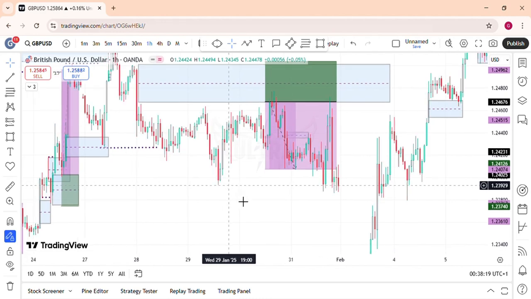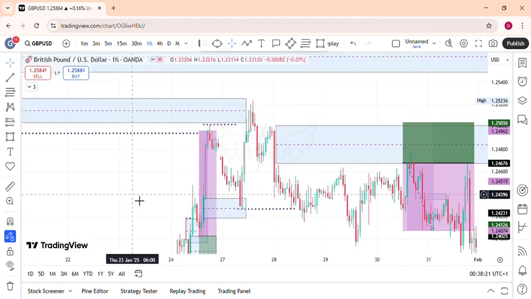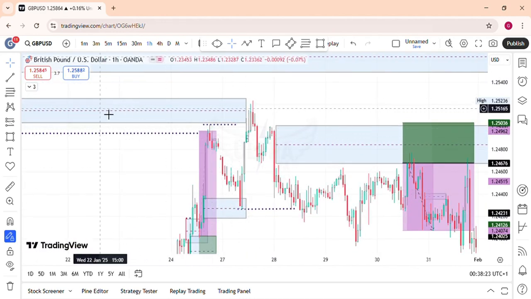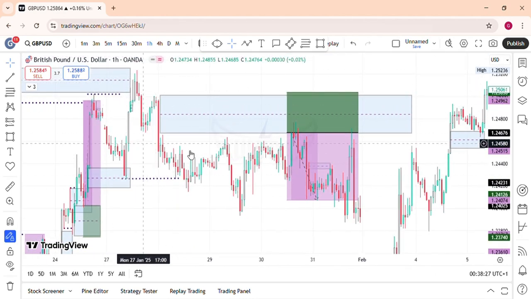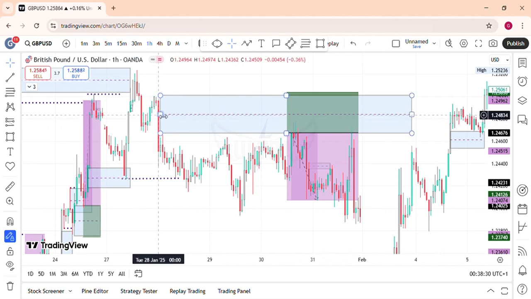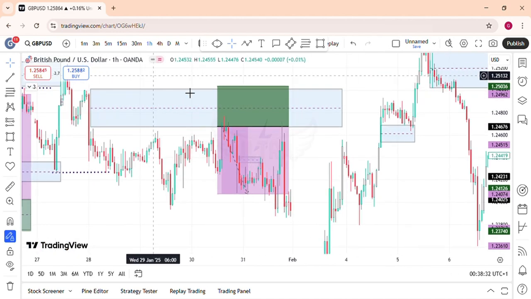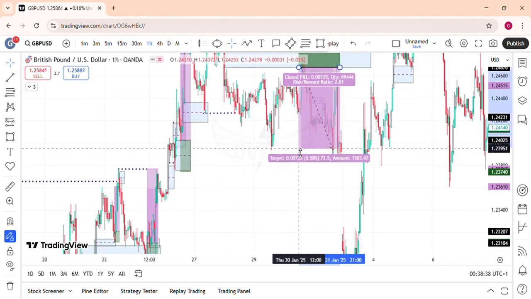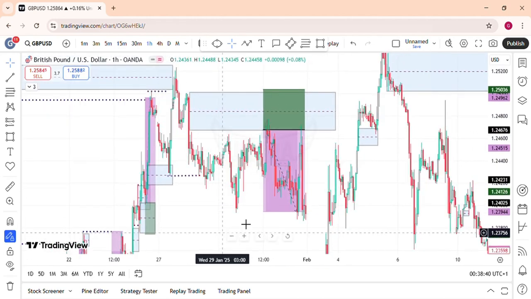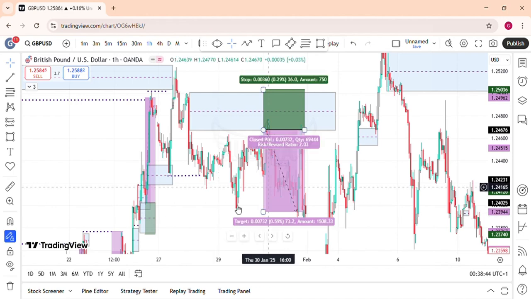You know that prior to this, market had tapped into a previous fair value gap, now creating a break of market structure and also a fair value gap. So we are entering with this fair value gap, and you see extending it to the previous low. You can take your profit here, but there isn't a fair value gap or anything that could stop it.